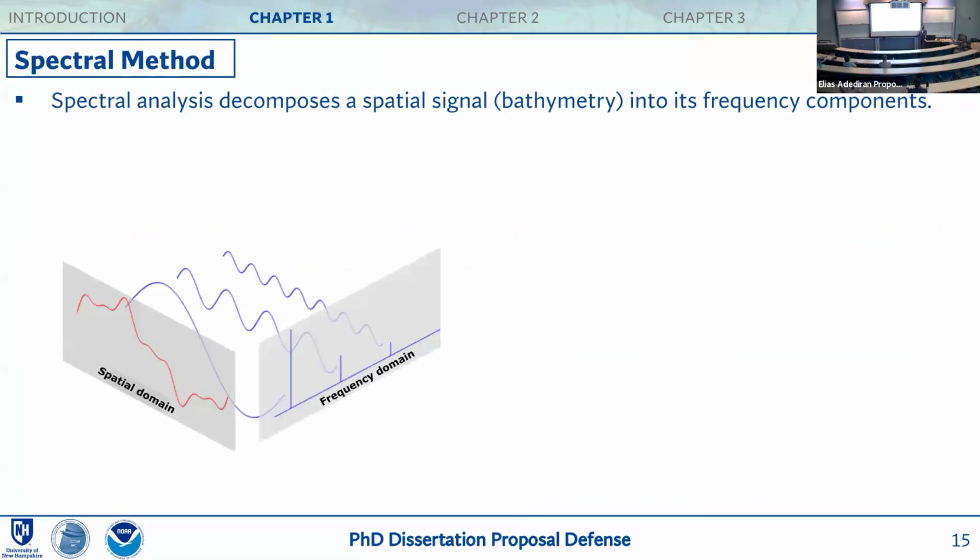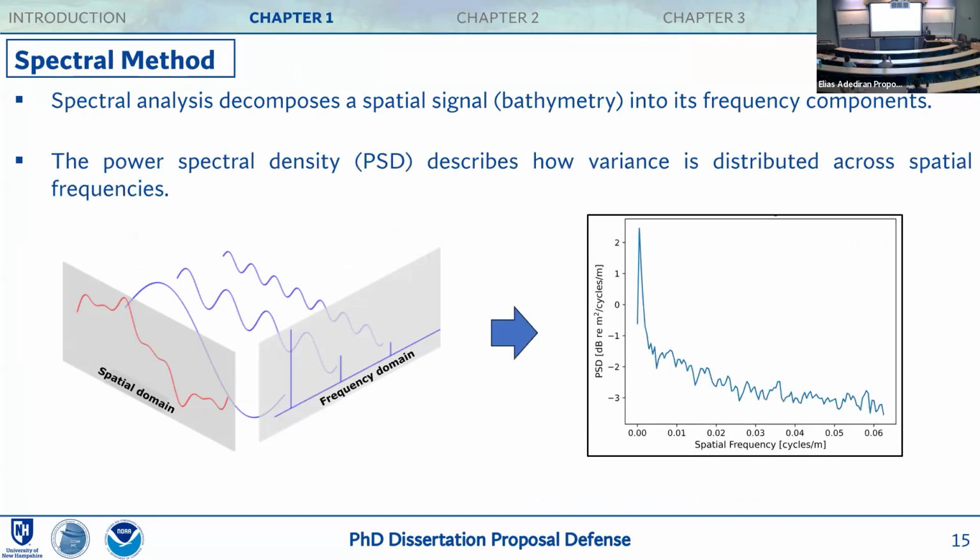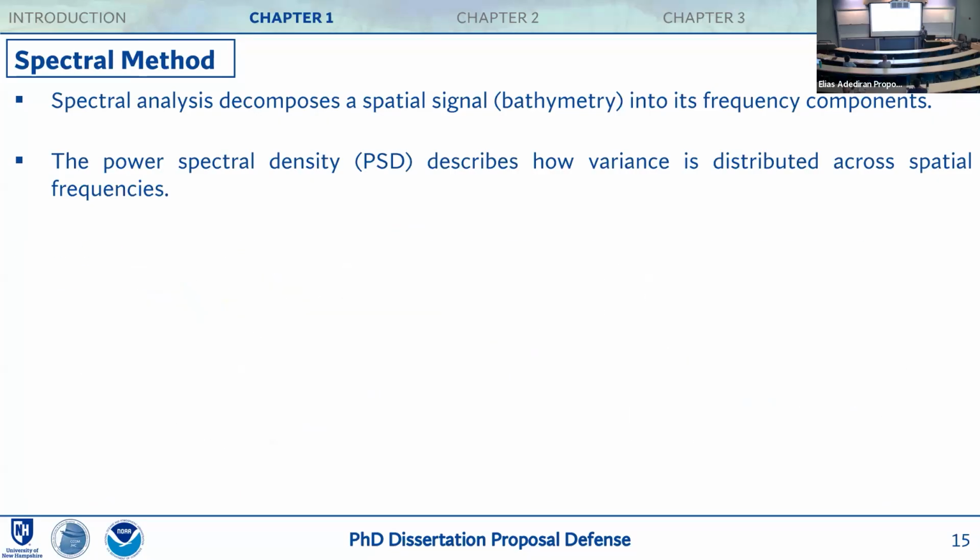So let's talk about the spectral method first, which uses spectral analysis to decompose the spatial signal, in our case bathymetry, into its frequency components, and the power spectral density describes how variance is distributed across these spatial frequencies.